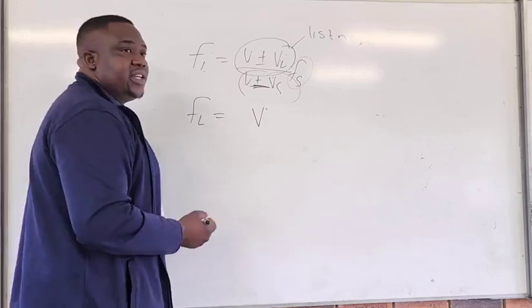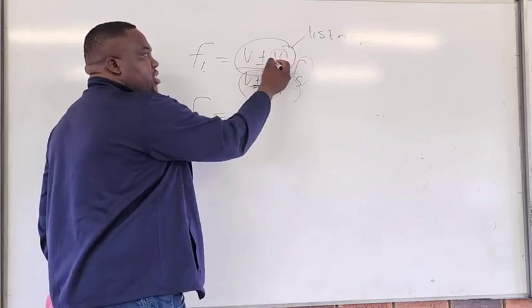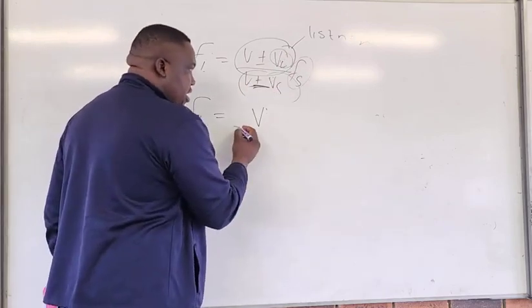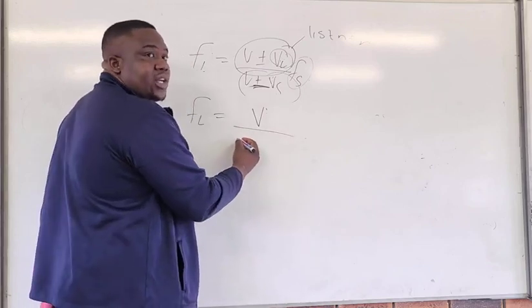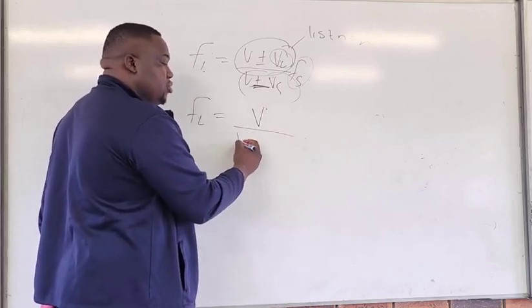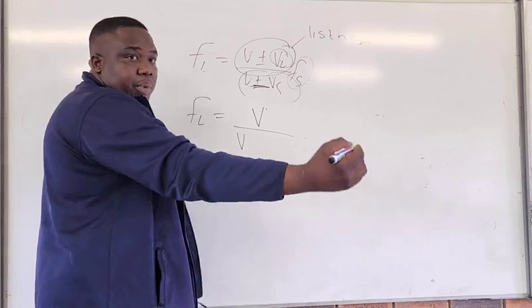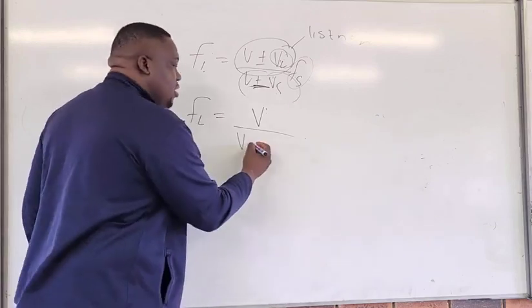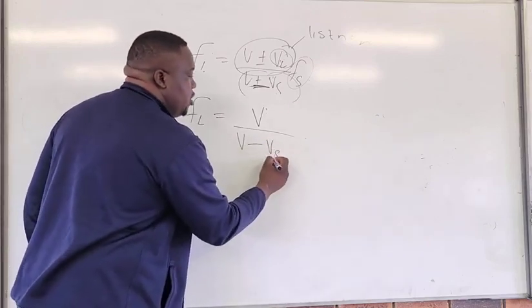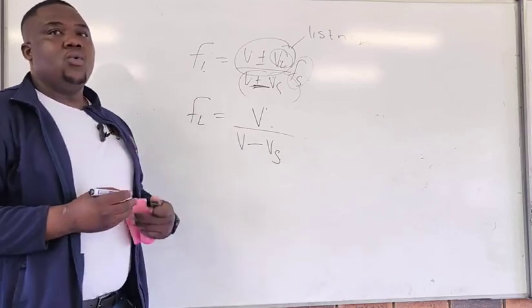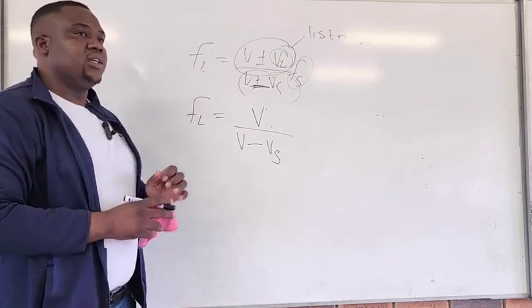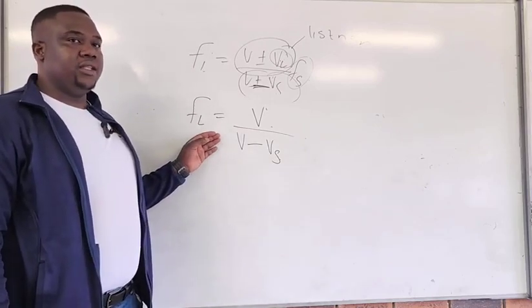Since they're saying the listener is stationary, this VL is 0. Then the source was approaching a stationary listener. When the source approaches, we're going to have a negative. This is the formula when the source is approaching the stationary listener. Isn't it?